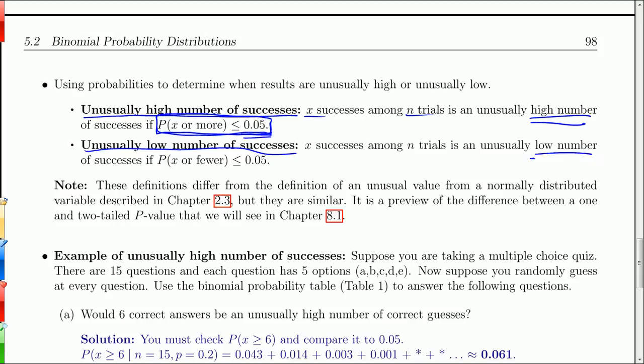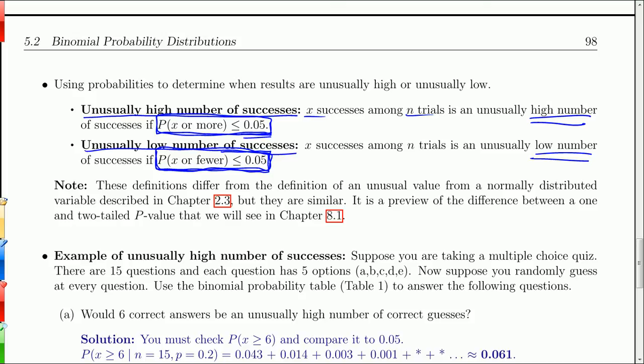It's an unusually low number if the probability of getting X or fewer is small. Right? It's not just a matter of what the probability of getting exactly that many is. I mean, that can be small as well, but the probability of getting X or fewer being small will define what we call an unusually low number of successes.